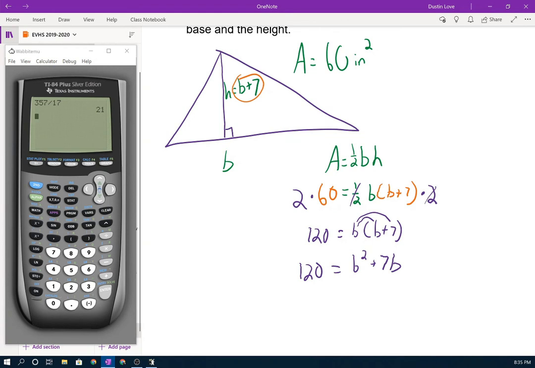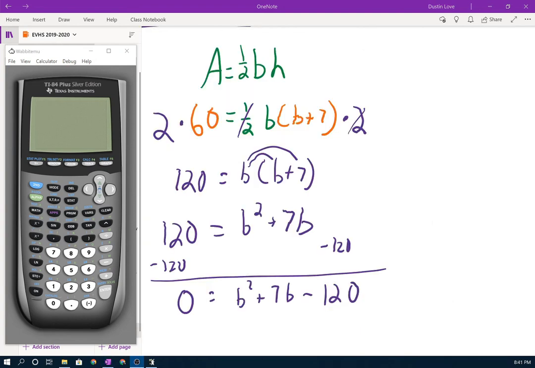The easiest way to do that on this problem is to subtract 120 from both sides, which leaves me with a 0 on the left and b squared plus 7b minus 120. Also, keep in mind that you do not subtract the 120 from the 7 because the 7 has a b attached to it and the 120 does not.